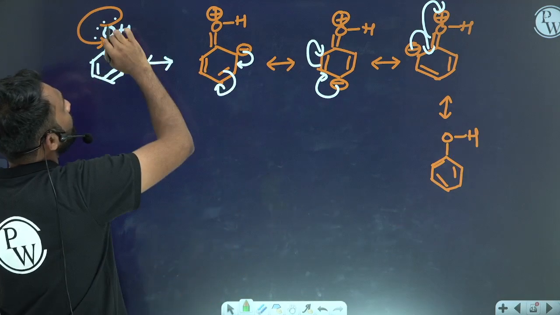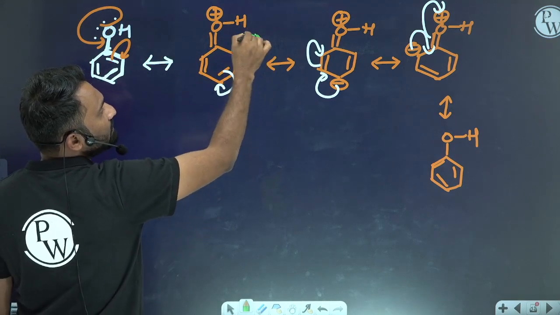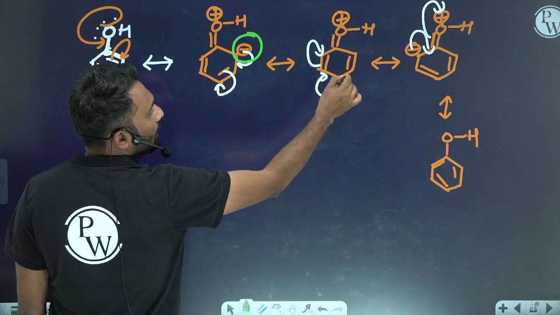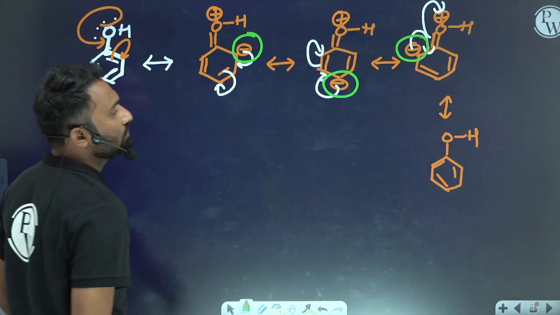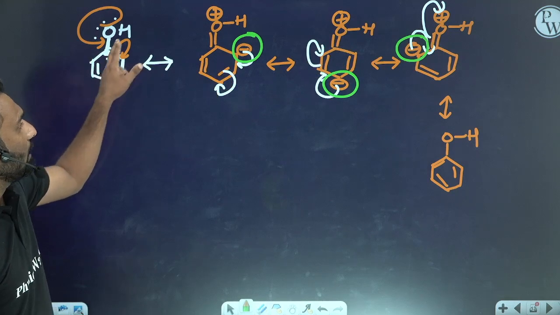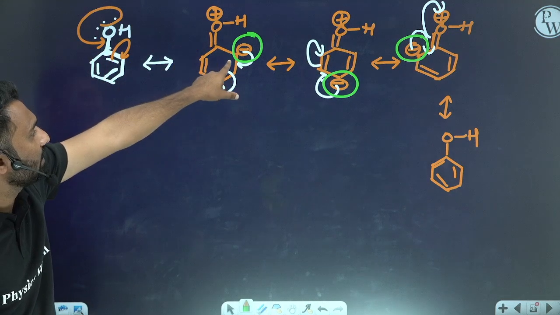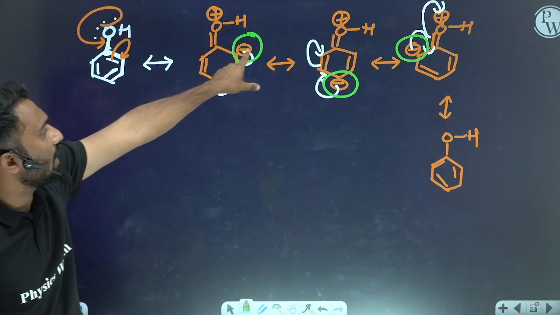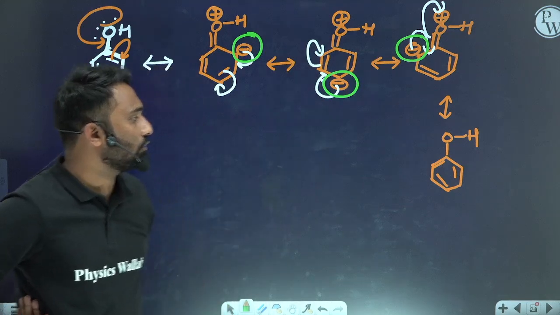Now when these ring activating groups are present, the electron density is increased at the ortho position and at the para position. These electron releasing groups increase the electron density on the benzene at the ortho and para positions. Ortho, para, ortho.